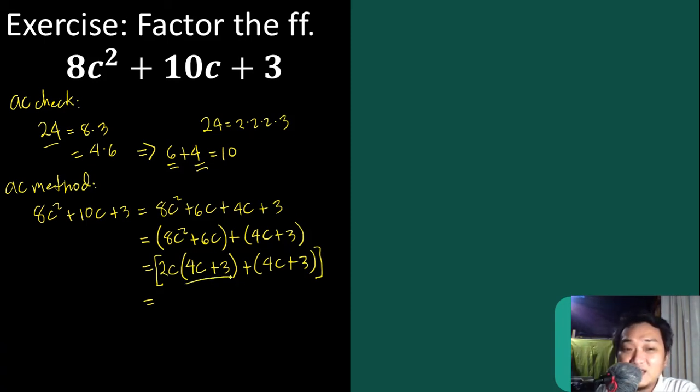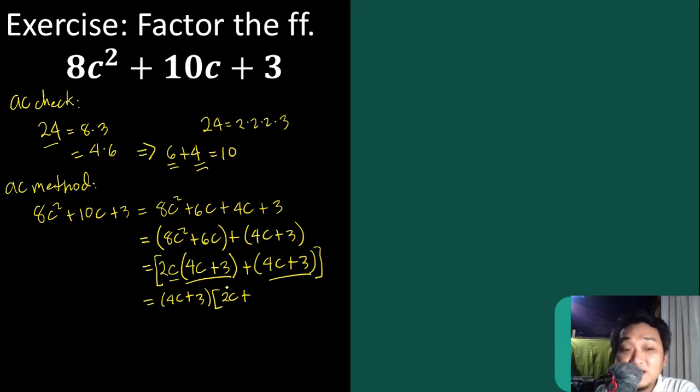In that case, that is the quantity 4c plus 3. So ilabas natin siya sa pinakalabas ng bracket, the quantity 4c plus 3. Yung natira sa loob ng bracket is 2c, plus, dito, ano kaya isusulat natin dito?